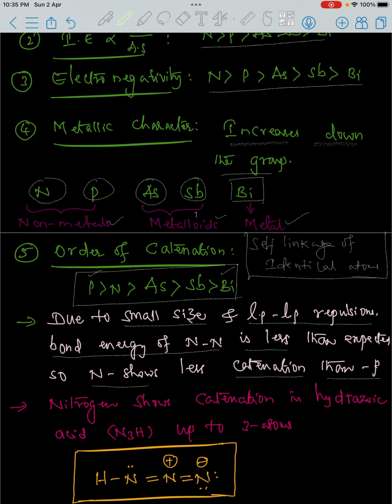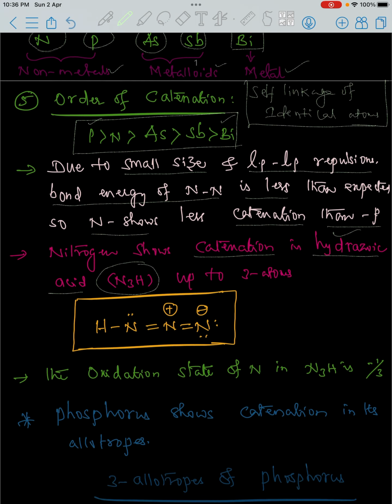Now, nitrogen shows catenation in hydrazoic acid. The formula of hydrazoic acid is N3H. So don't confuse NH3 and N3H. N3H is hydrazoic acid whereas NH3 is ammonia.